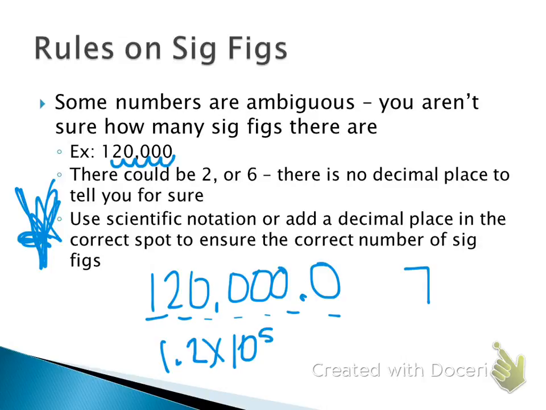Is it 10 to the positive fifth or negative fifth? It's the positive fifth, and why? I moved the decimal place left, but also the number I'm trying to express, 120,000, is greater than 10. If the number I'm trying to express is greater than 10, my exponent in scientific notation is going to be positive. If the number I'm trying to express is less than 1, my exponent is going to be negative. A lot of people get mixed up with that, so just be careful.